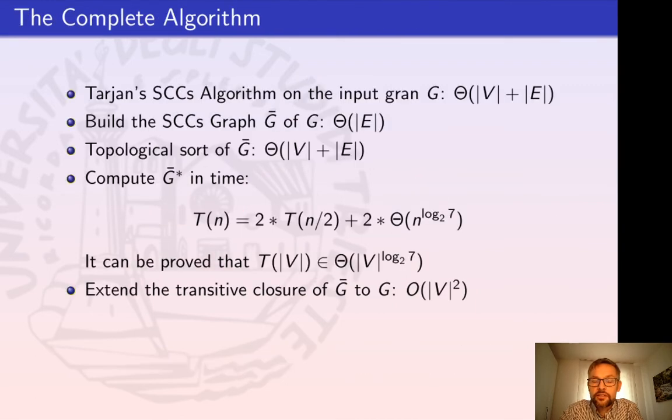Okay, now let's try to sum up all the complexities in this schema. So Tarjan's algorithm, theta of cardinality of V plus cardinality of E. Building the strongly connected components takes time theta of E. The topological sort is obtained for free. Computing the G bar star takes time theta of cardinality of V to the power of logarithm base 2 of 7.